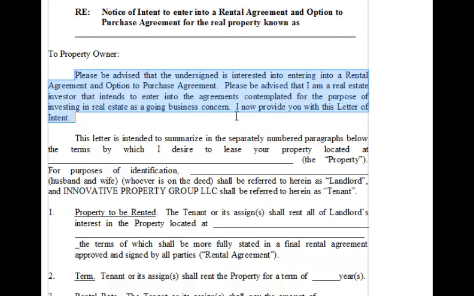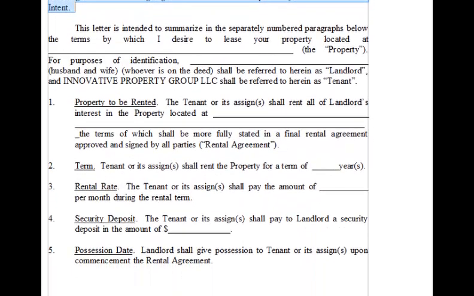So it's a letter. It's not binding, okay? This letter is intended to summarize in the separately numbered paragraphs below the terms in which I desire to lease your property located at, and then we would put in the property address there, and that's known as the property.